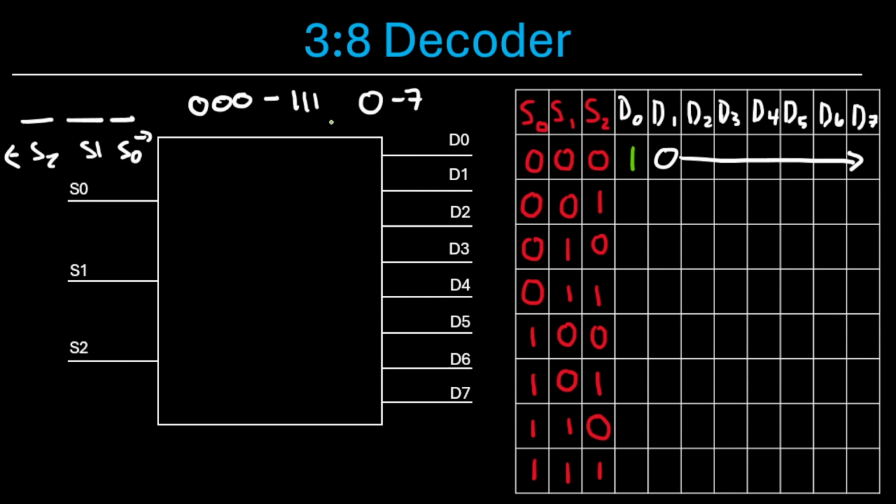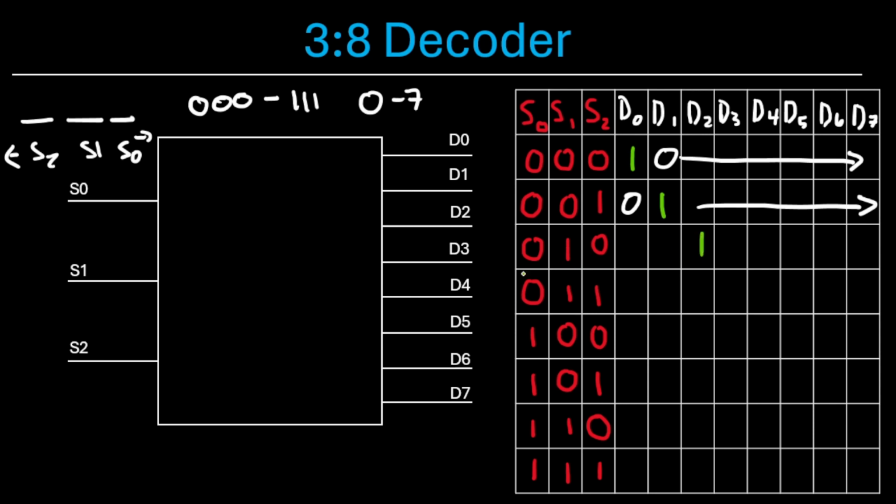Okay, now if we input 0, 0, 1, or 1 in binary, our decimal 1 pin should be on, and again, all other pins should be off. Now the same pattern holds if we input 2 in binary, we're going to output 2 in decimal.